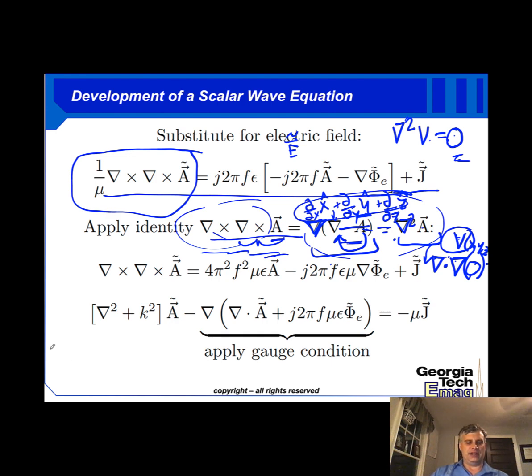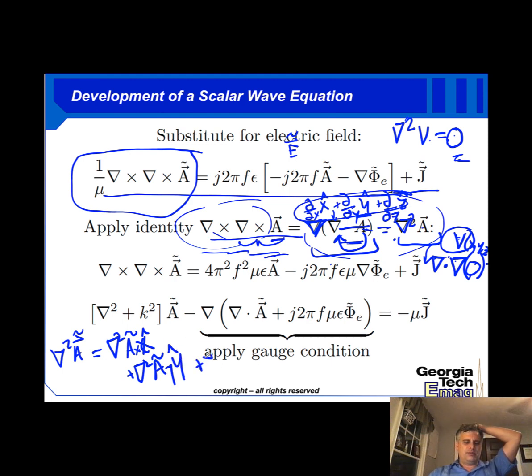All that really means, when I take the Laplacian of a vector phasor, or any vector, is that I'm taking the Laplacian of the x component of that vector, which sits on the x hat component, plus the Laplacian of the y component, which I keep on the y hat unit vector, plus the Laplacian of the z component, and I stick that resultant on the z hat unit vector.